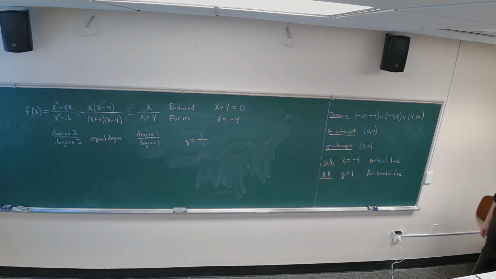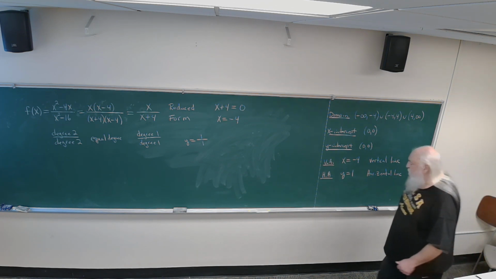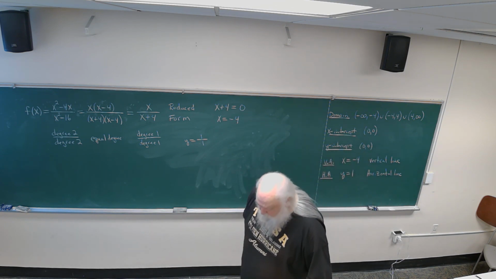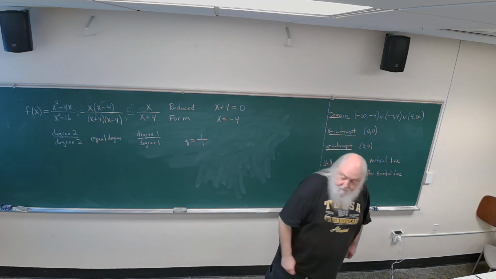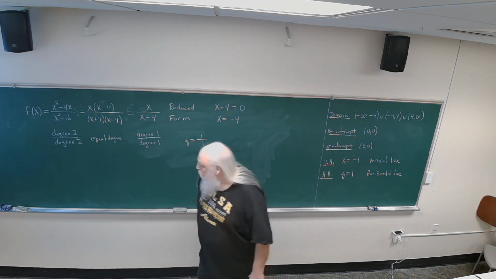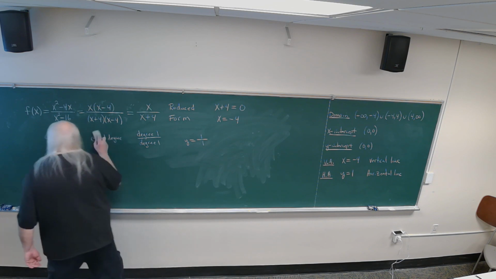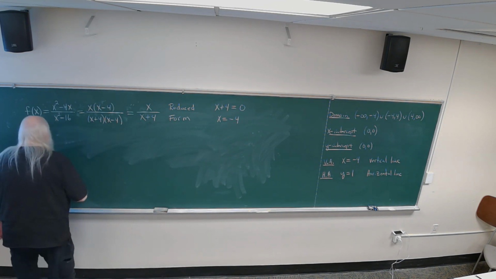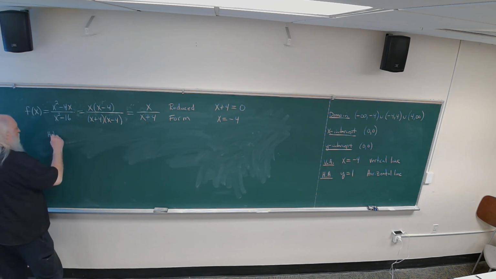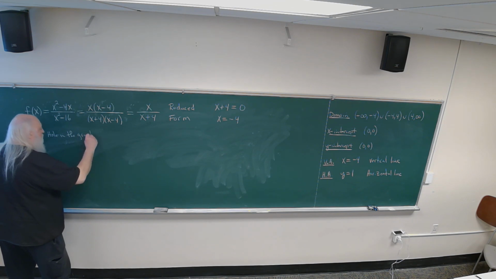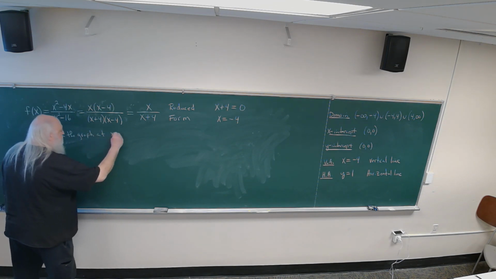Okay. All right. Lastly, it asks you for the coordinates of any hole in the graph. Well, we know there's a hole in the graph because of this common factor x minus 4 in the numerator and denominator. We know there's a hole in the graph at x equals 4.